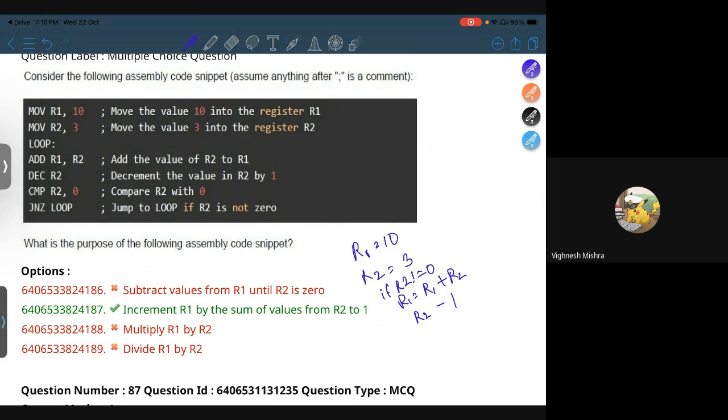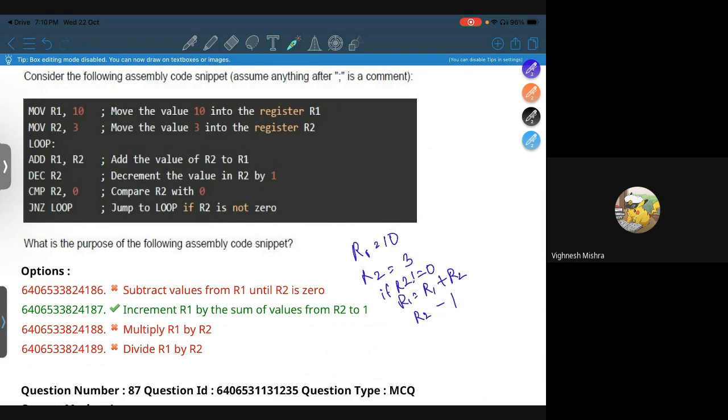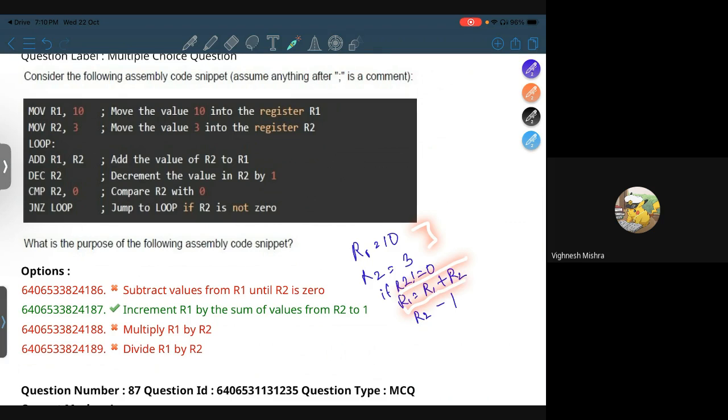Okay, fine. So what it is doing, 10 and 3 आया, R2 is not 0, then R1 में वो R2 add किया, so R1 will become 10 plus 3, 13. ठीक है. So this will become 13 and R2 is 2 now.